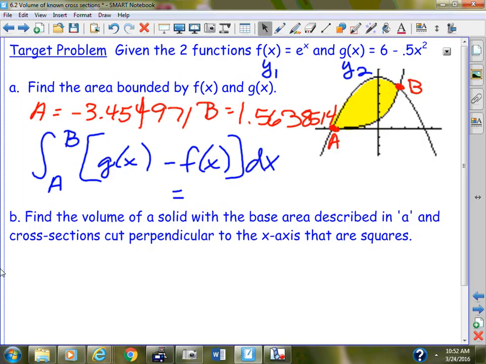All right, now this one, it says when you cut it perpendicular to the x-axis, which means you would have come in here, a cross section would have gone through and cut the thing like this. In that red section, that is going to be coming out at me as a square. The cross sections are in the shape of a square.